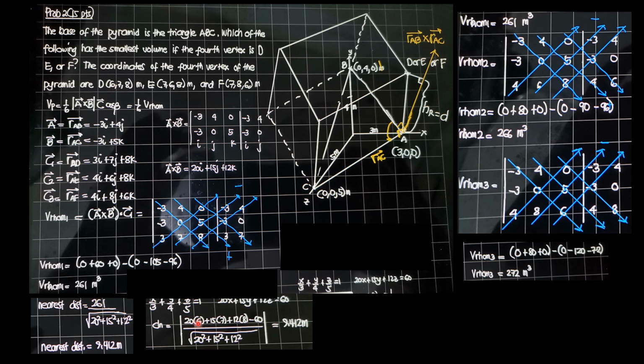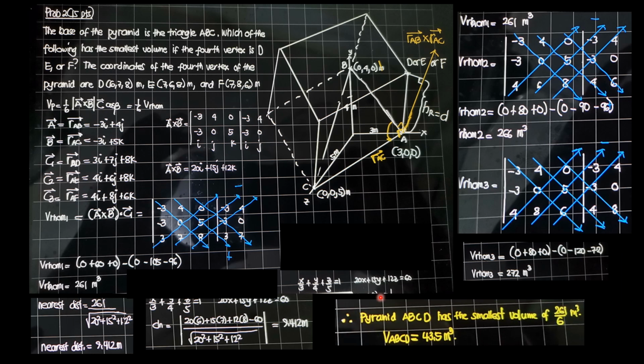So it is 20 times 6 plus 15 times 7 plus 12 times 8, then minus the constant 60 over square root of 20 square plus 15 square plus 12 square, and that's indeed 9.412 meters. Therefore, the smallest volume of the pyramid is the pyramid ABCD, because its volume is only 43.5 cubic meters, or 261 over 6, so 43.5 cubic meters.